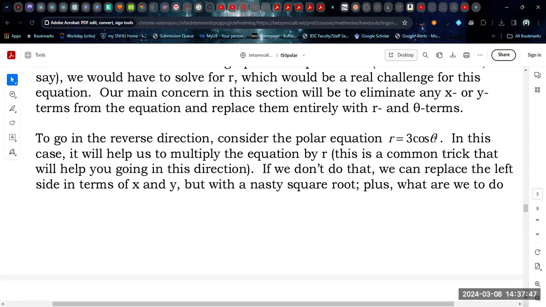We want an algebraic expression, not a trig function with an embedded inverse trig function in it. So we're going to do a little trick that works very frequently, especially in textbook problems: we're going to multiply both sides of this equation by r.